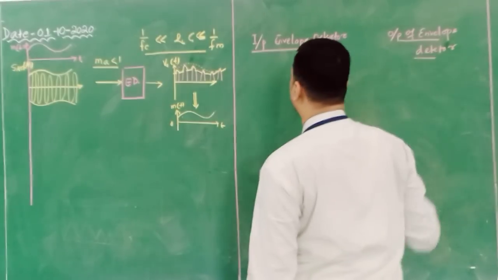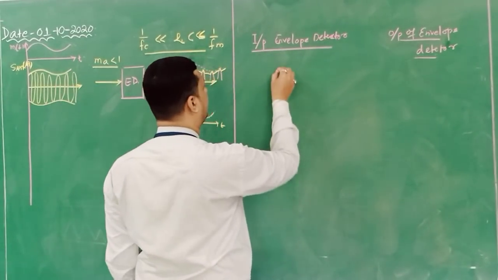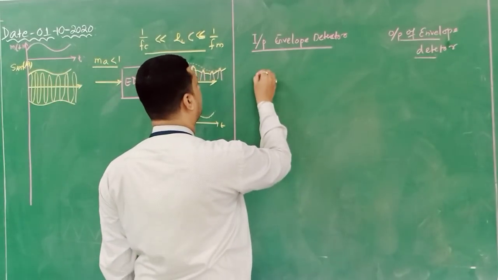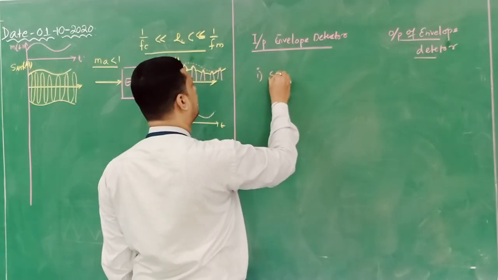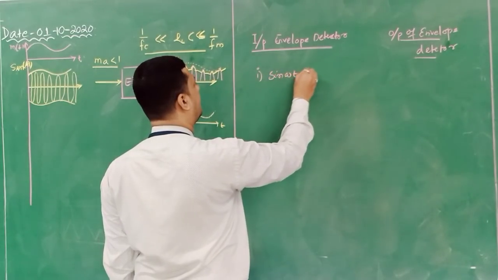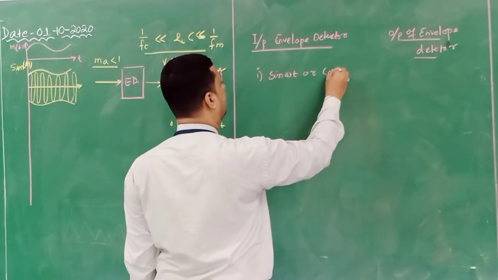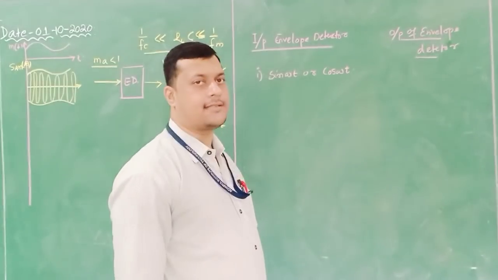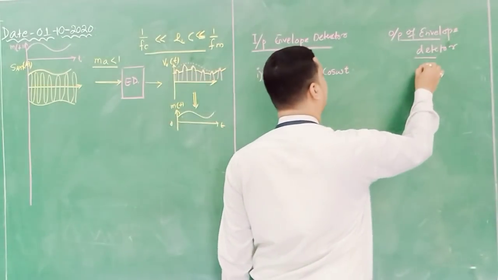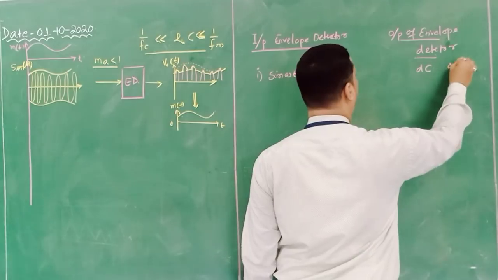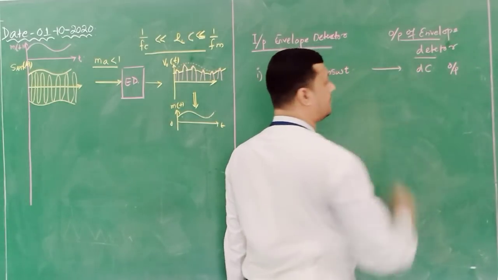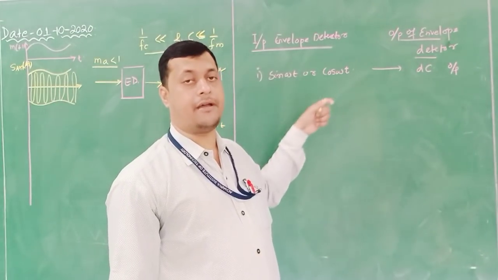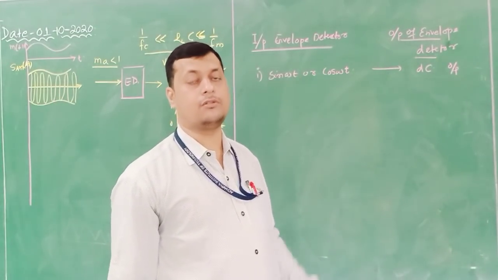So the input of the envelope detector, let us consider, is a sine signal, sine omega t or cos omega t. If it is only cos or sine, then we will get only the DC component, DC output. Why? Because in the previous session I discussed that if I provide a sinusoid signal, we only identify the DC component.